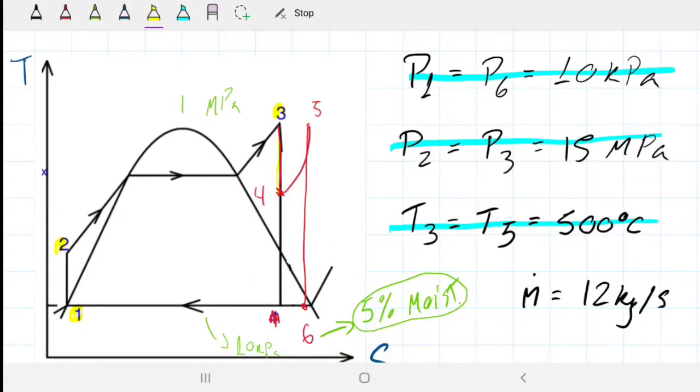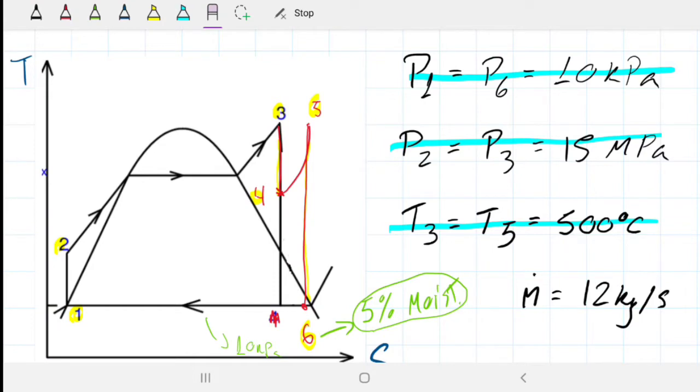So we can't really solve it from there. And for 5, same thing, we only have the temperature and nothing else. Okay, but 5 and 6 have the same entropy, right? If they have the same entropy, we can define 6 first to find properties of 5, and then from 5 find things for 4. So that's the way we're going to take to solve this.